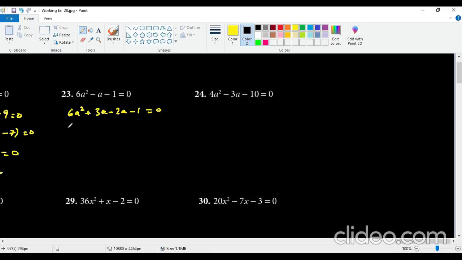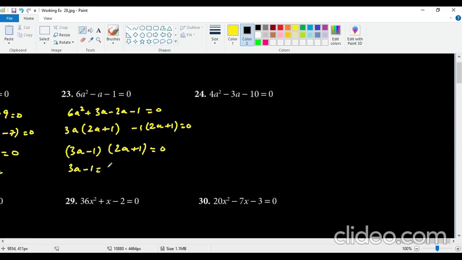Common in the first and second is 3a, sorry, not 3 but 2a, because 3a times 2a is going to give us 6a square plus 1. 2a plus 1 I will write like this, and minus 1. So 3a minus 1 in one bracket and 2a plus 1 in another bracket equals 0.